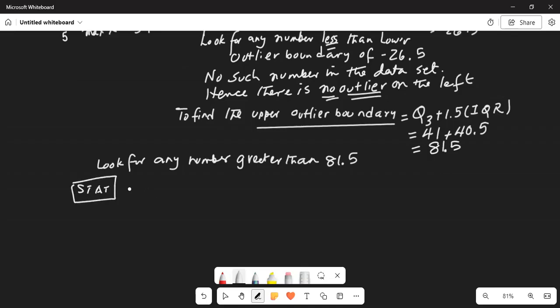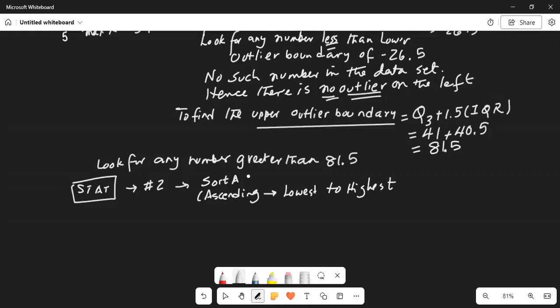Then select number 2, or bring the cursor on number 2 and hit enter. Now on your calculator screen, you will see sort A. A stands for ascending. Ascending means lowest to highest.